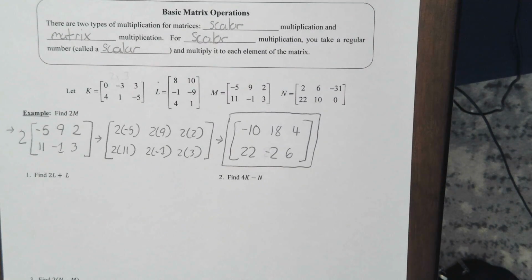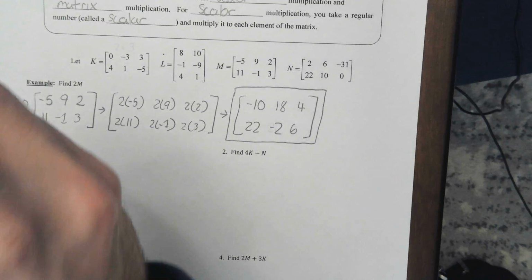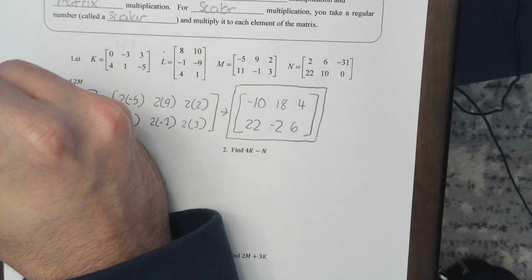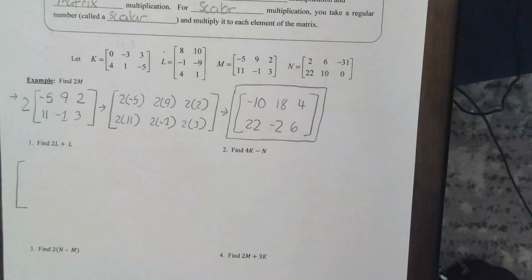So now we're going to combine adding, subtracting, and scalar multiplication. So 2L plus L is going to look like this.